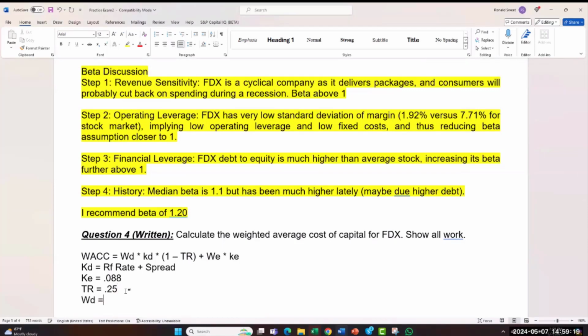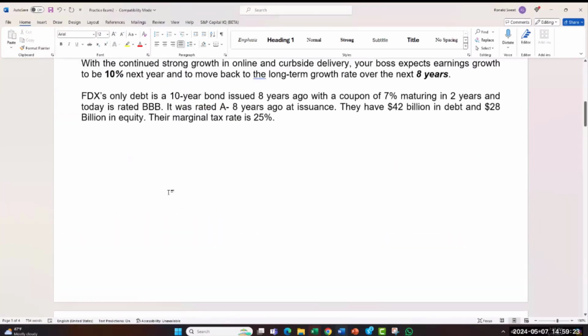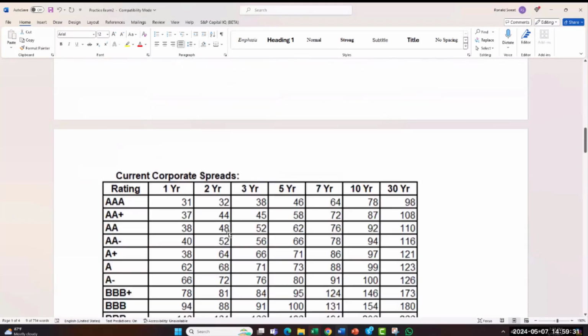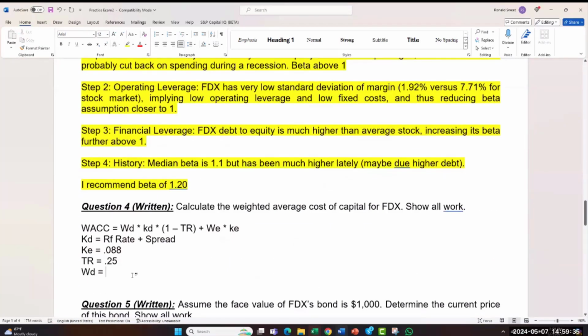The weight of debt is you take how much they have in debt, 42 billion, and 28 billion in equity. So 48 and 28. So you just have to do that math. So 48 divided by 48 plus 28.